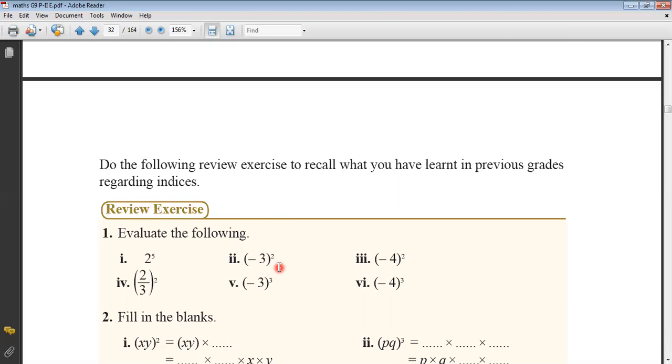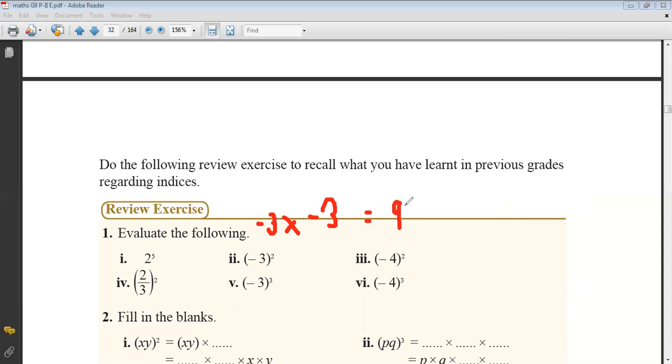Now when you simplify and evaluate this, negative 3 multiplied by negative 3 in indices: negative times negative equals positive, so 3 times 3 is 9. Here, negative 4 twice: negative times negative is positive, so 4 times 4 is 16.